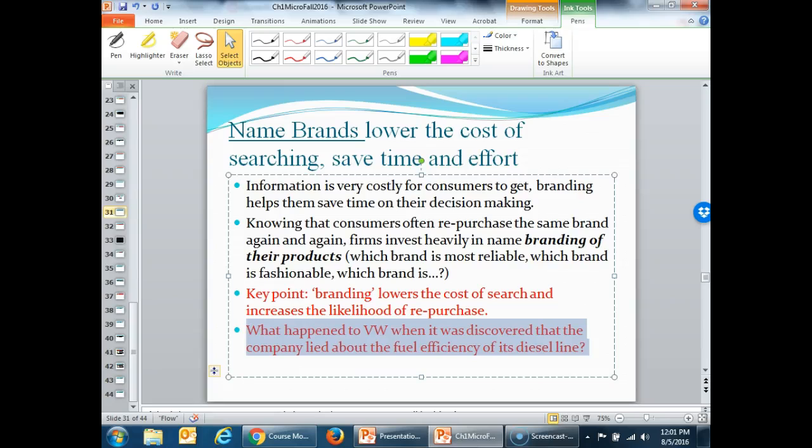So they got in a lot of trouble. What happened to their brand? Their stock went down a lot, especially at first. I think that they're starting to try and figure out the logistics of how they're going to deal with this. I'm not sure where they stand now, but their brand took a huge hit. Very, very unprofitable.